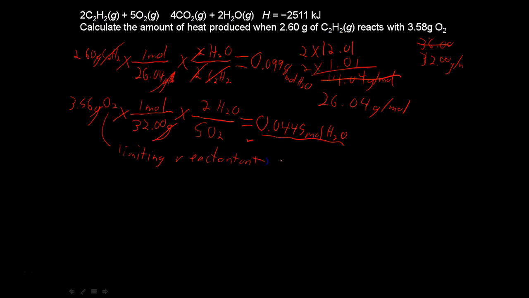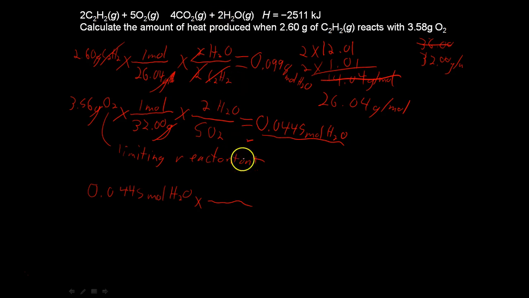All right, so I stayed in moles right here for the number of moles of water produced, which is kind of nice because we see that there's a direct molar relationship of moles of this to heat produced. And so if we start with the number of moles of water that is actually produced, the theoretical yield, we can convert that using our balanced chemical equation.